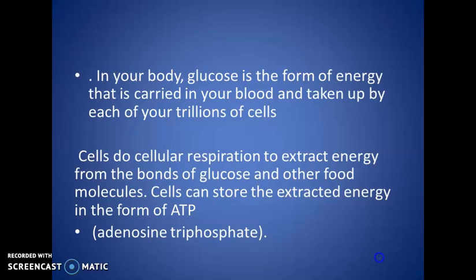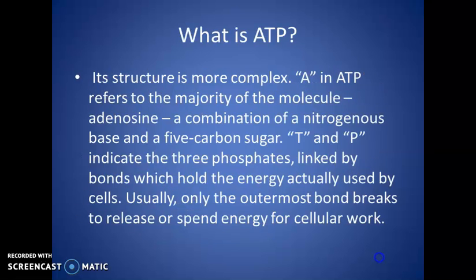Cells do cellular respiration to extract energy from the bonds of glucose and other food molecules. Cells can store the extracted energy in the form of ATP, which is called adenosine triphosphate.